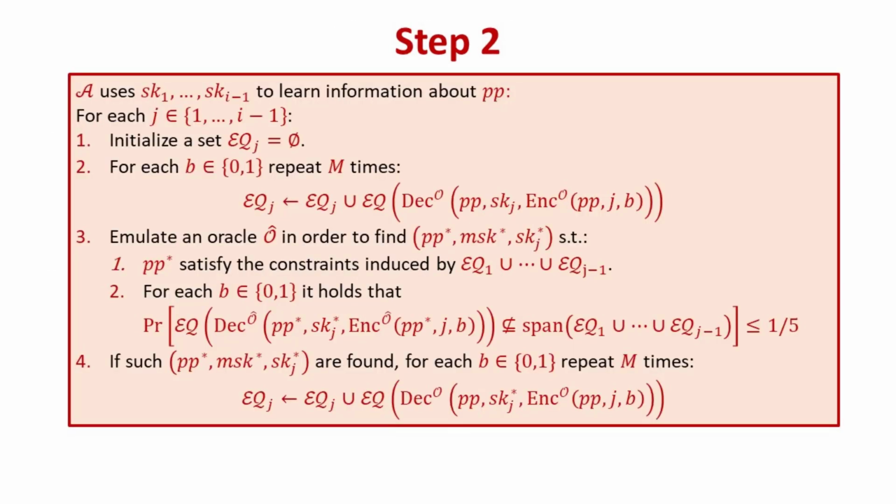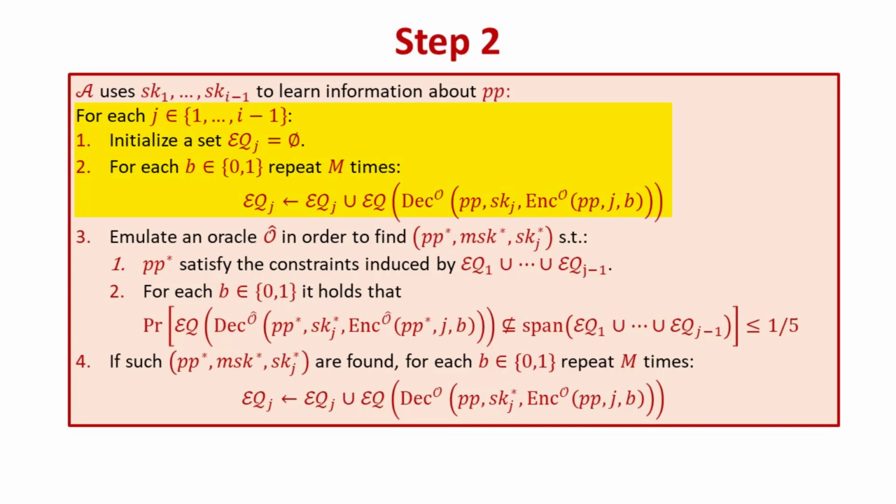Let's discuss how A uses the I minus 1 secret keys to learn information about the public parameters, and let me just reiterate that this is a simplified description of the attacker that ignores many technical details. Essentially, A uses SK1 to SK(I-1) for learning the EQ sets corresponding to their identities, hoping that this information will contain the EQ set corresponding to the challenge identity.